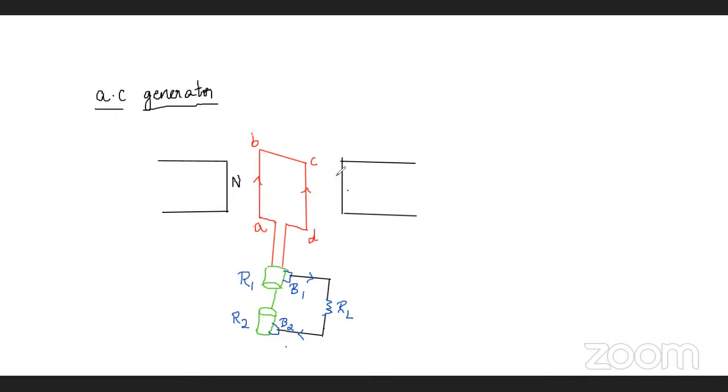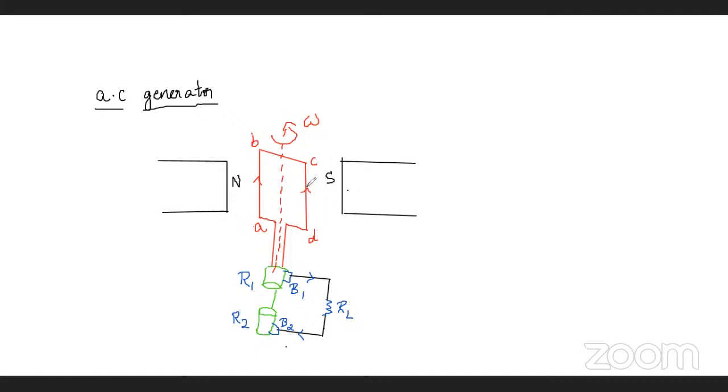Here what happens is, this coil ABCD is called the armature coil, and that armature coil actually rotates about this axis with some angular velocity omega.